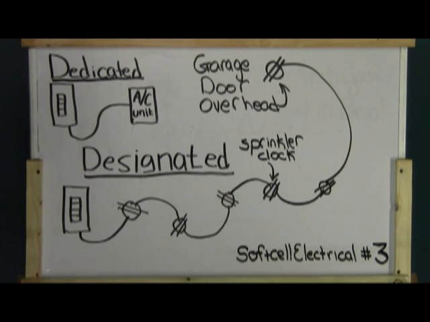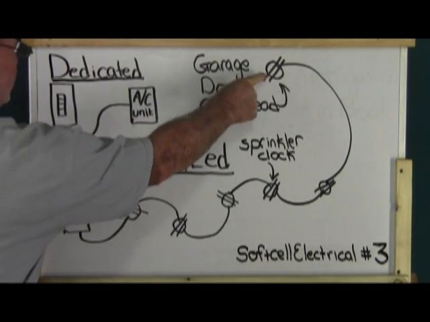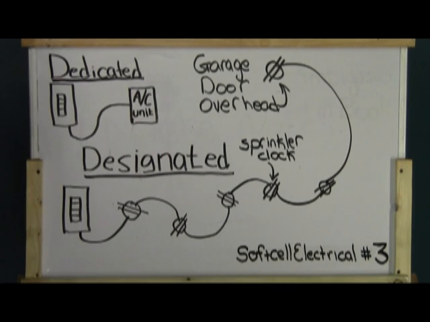Now, a designated circuit is a receptacle on a general purpose circuit that is set aside for a specific use. An example of this would be a sprinkler clock outlet or a garage door overhead outlet that is to be used for the garage door opener. Technically, a designated receptacle is not to be used for any other purposes than which is stated on the electrical plans, even though it shares the breaker with several other receptacles or outlets.